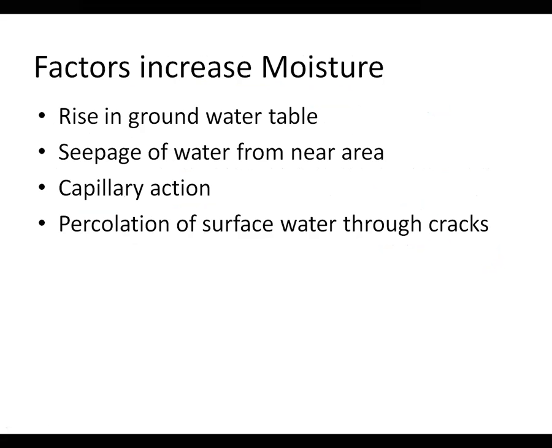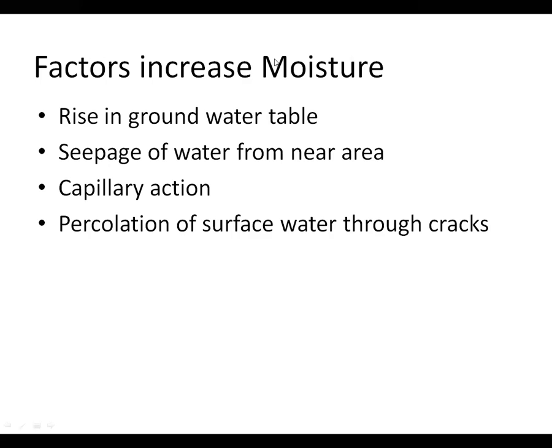When there is a subsurface area, there are some main causes which are important to know, which increase the moisture content. The first one is the rise in the groundwater table.